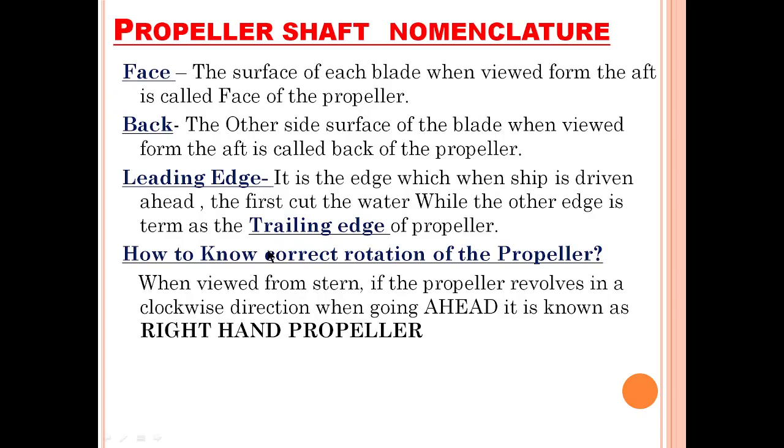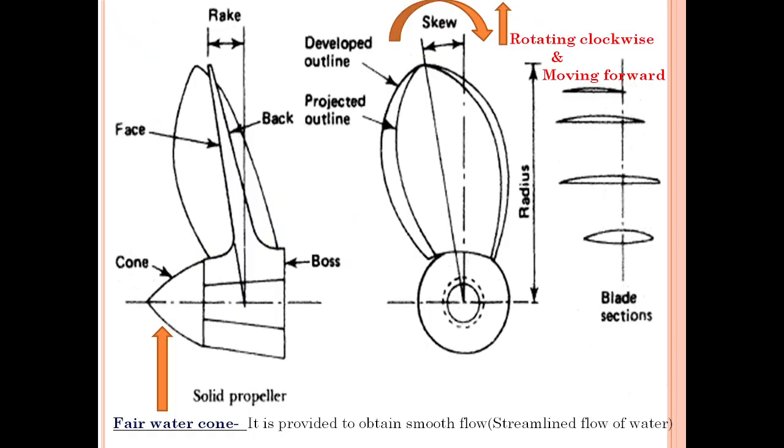Now, how do we know the correct rotation of the propeller? Basically, propellers are classified into two types, right hand and left hand.